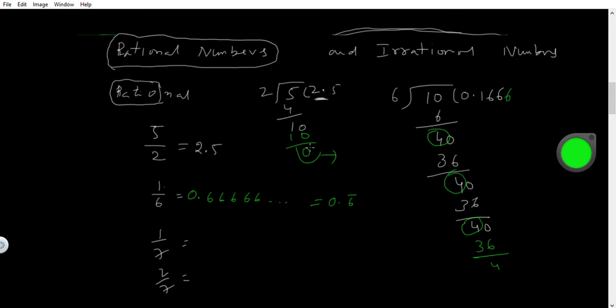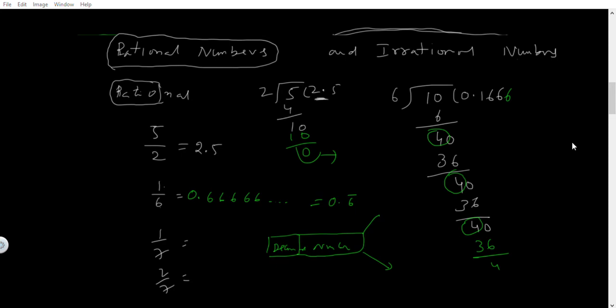Therefore, when taking the ratio between any two integers, we get a decimal number. The decimal numbers come in two different ways.